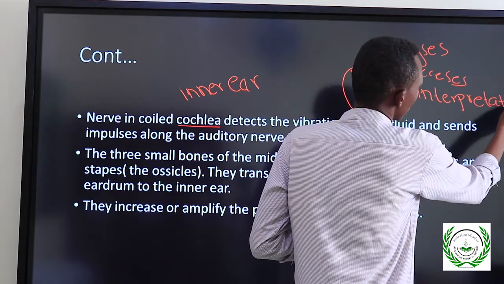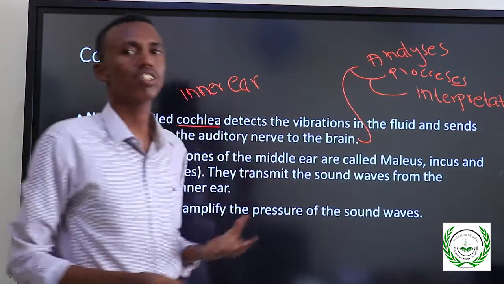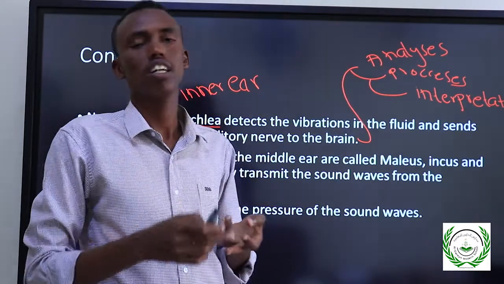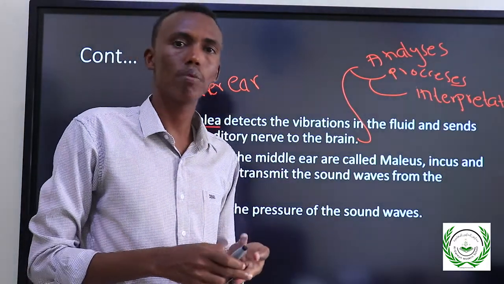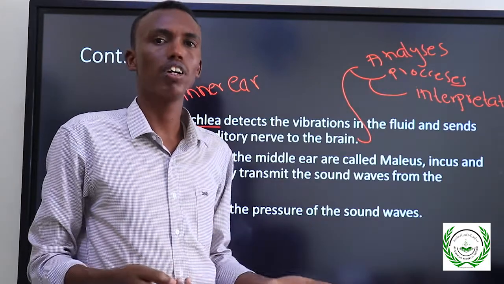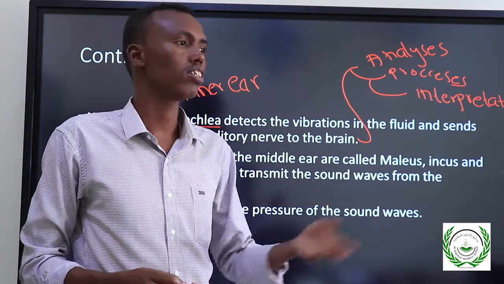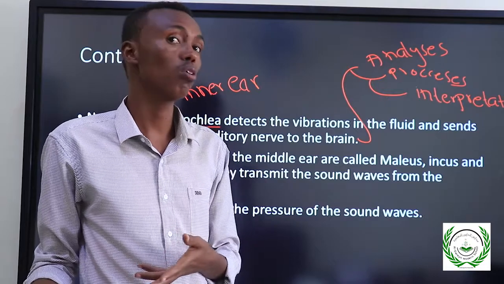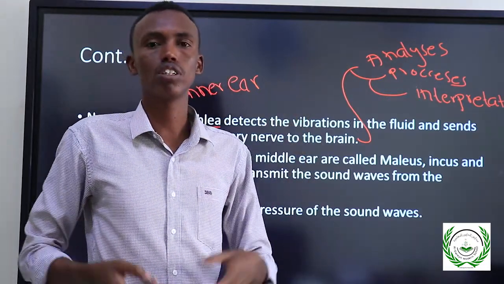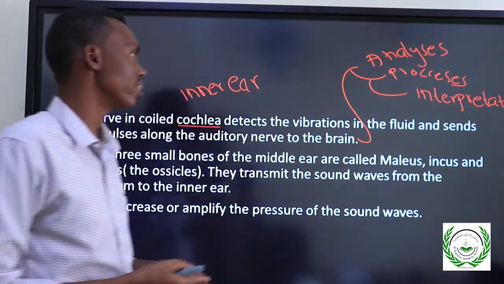Is it a song? Is it a Quran recitation? Is it a man or a woman, male or female? Is it a lion or whatever? Is it someone you know or someone you don't know? The brain finally interprets or translates the information.